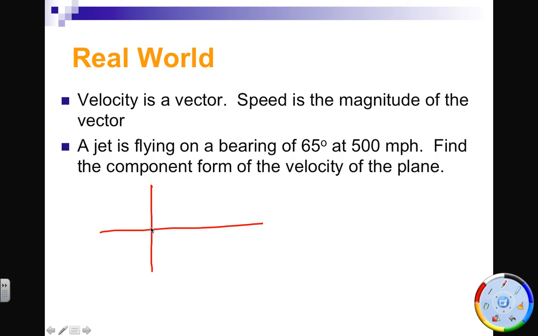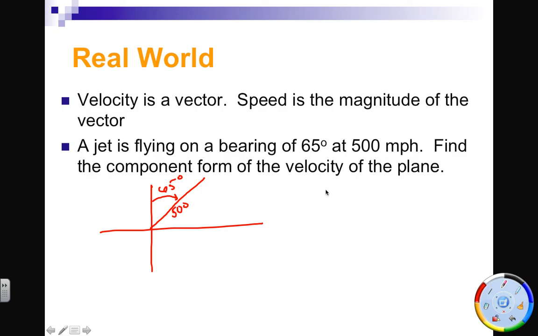This always gets people, so pay close attention right here. I know this video is getting a little bit long now, but really pay attention. Remember, bearing goes this direction. Here's 65 degrees. The speed is 500, which is actually the magnitude.